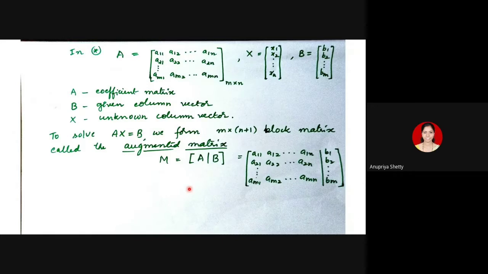Then I see that it's possible to make some entry 0 by multiplying one row with some number and adding it to another row. If that is possible, I'll perform that operation next. First, I interchanged two rows, and now I am multiplying some row with a scalar and adding it to another row.